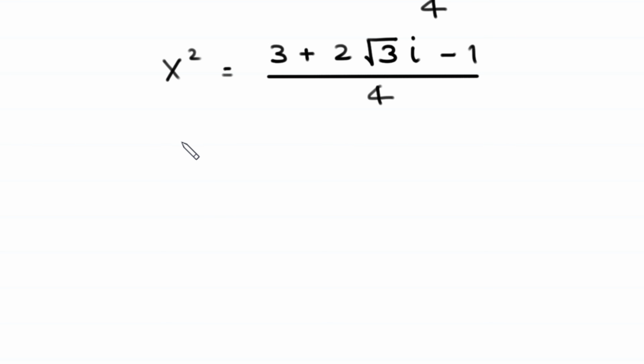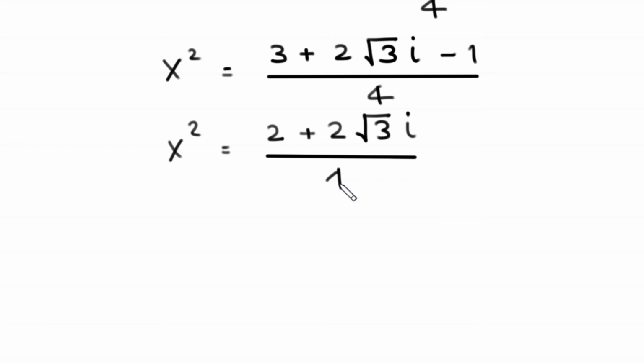Further simplify, this will become x squared equal to 3 minus 1 will become 2 plus 2 times root 3 i divided by 4. Next, x squared equal to, from these two terms we can factor out 2.